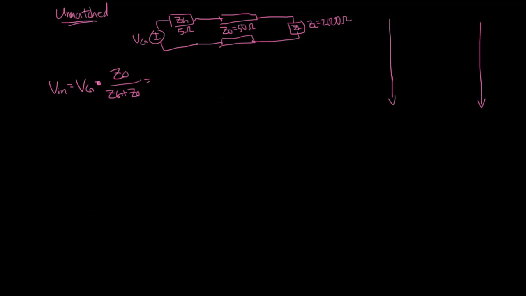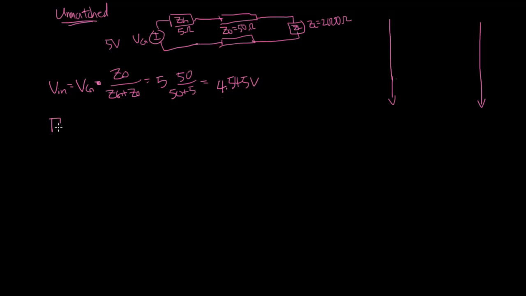Actually, I forgot to declare, let's just say this is a 5 volt source. So VG is 5 volts times 50 over 50 plus 5. In this case, the small impedance at the generator side works out pretty well because most of the voltage drop goes across the transmission line, so most of the wave goes in.